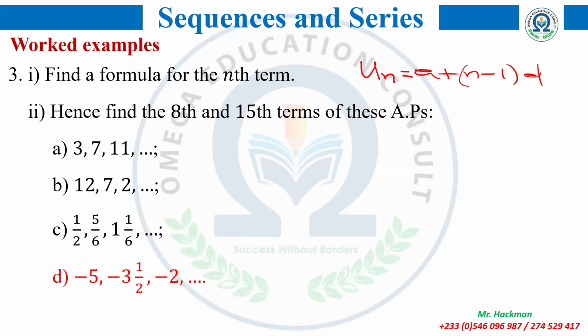Someone can take I and do I for A up to D, then come and do II for A up to D. However, I am not going to go by that route. I am going to take A, then do AI and II. That's also another way. By the end, I will end up solving all that I'm supposed to solve. Is that clear?